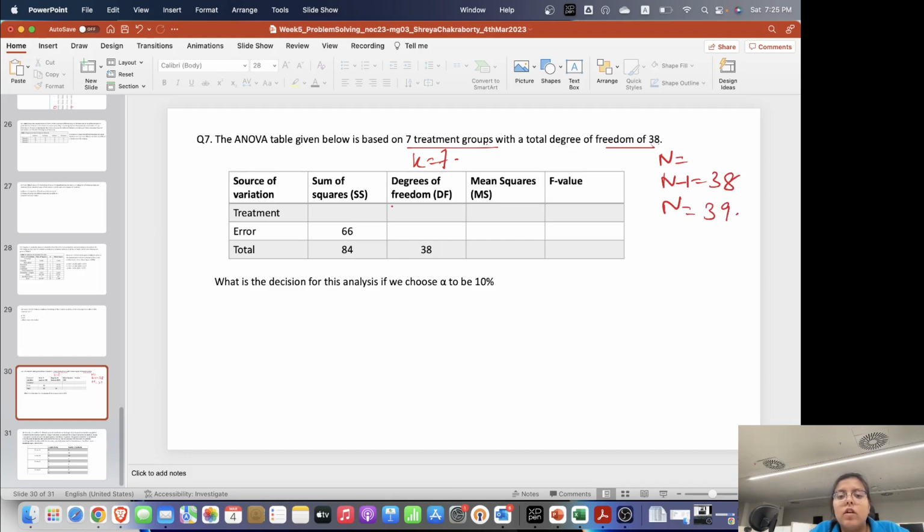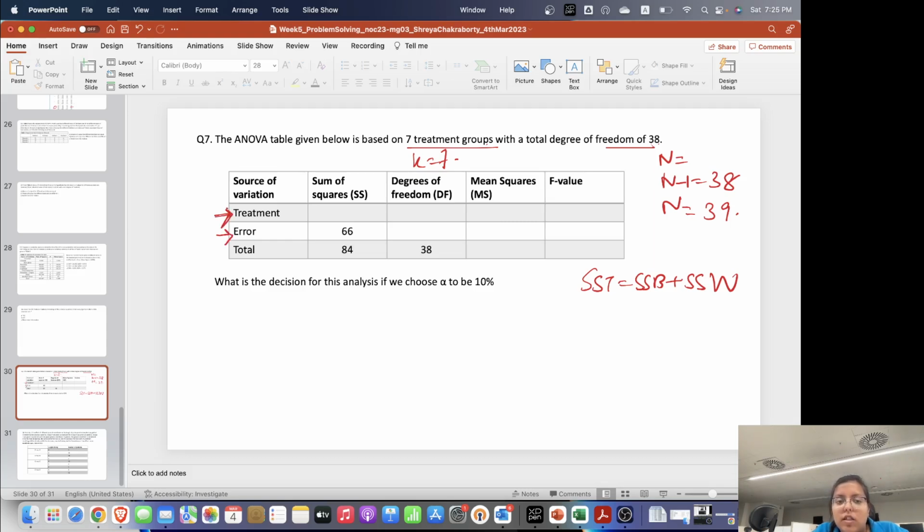Also we know SST equals SSB plus SS within. SSB is also sometimes known as the treatment, and SS within will contribute towards the error.